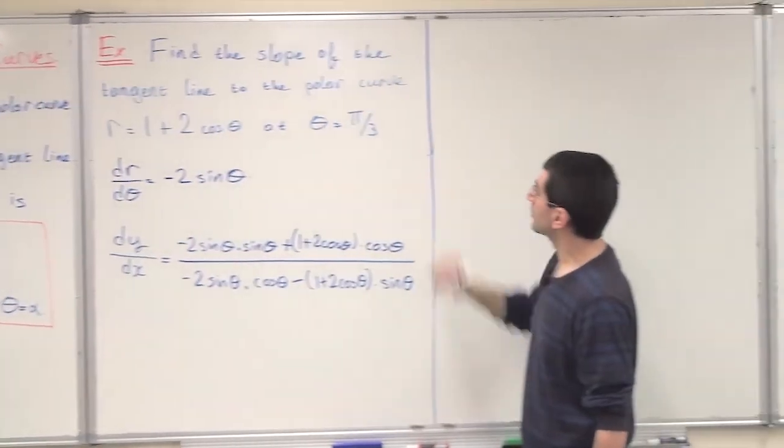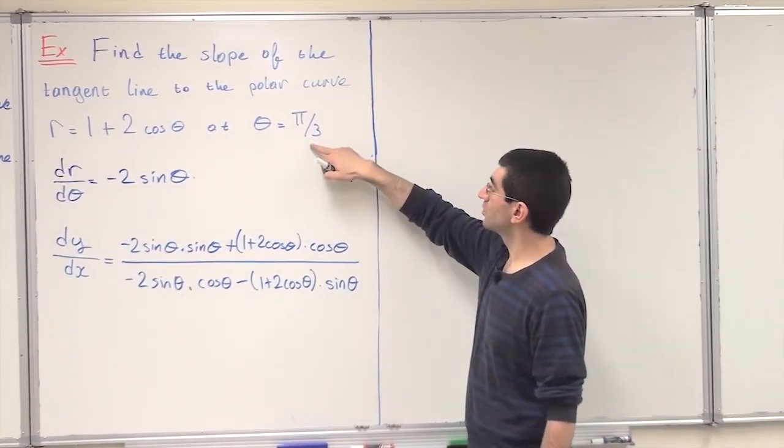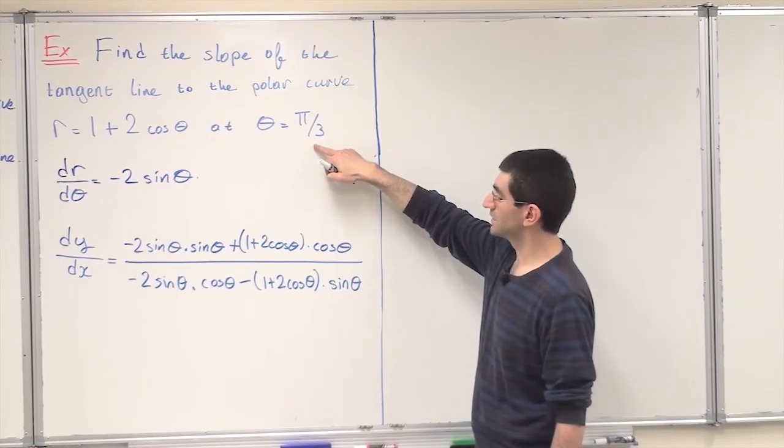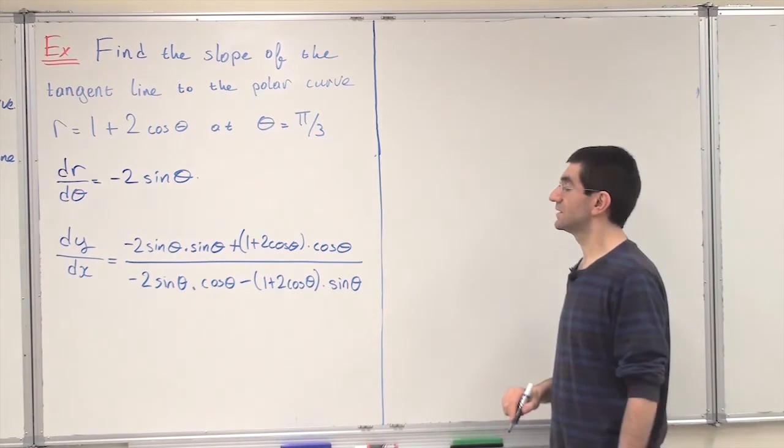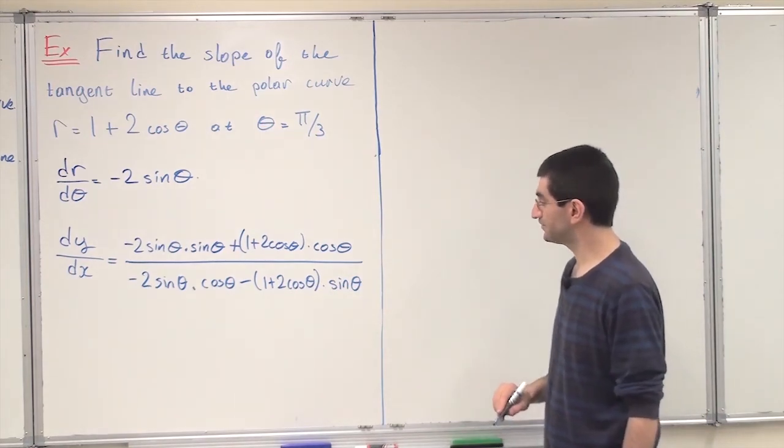And then we are going to substitute in this formula theta equals pi over 3. However, before we do the substitution, let's simplify this statement.